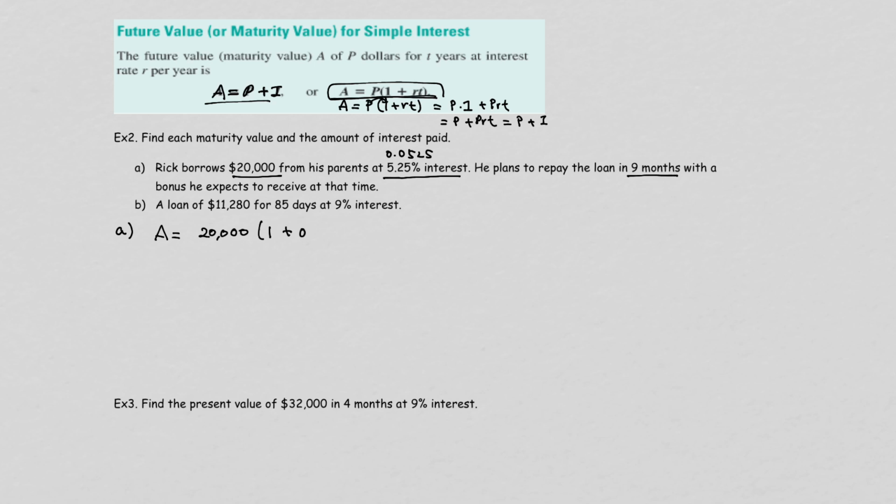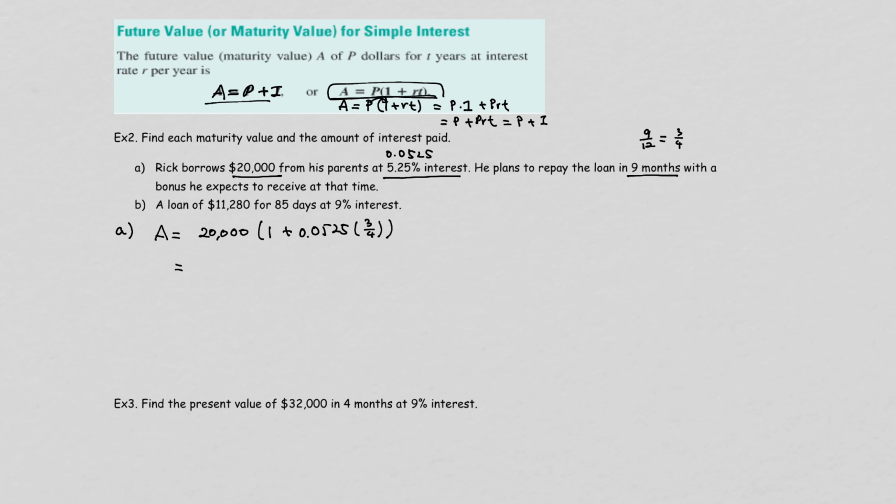So plus 0.0525 times T. So 9 months. 9 months is 9 over 12, because time is per year, so 9 months out of 12. When you reduce this, you end up getting 3 over 4. So you multiply by 3 over 4.